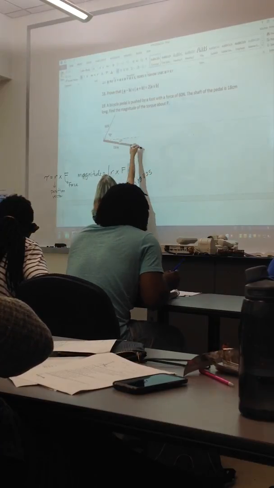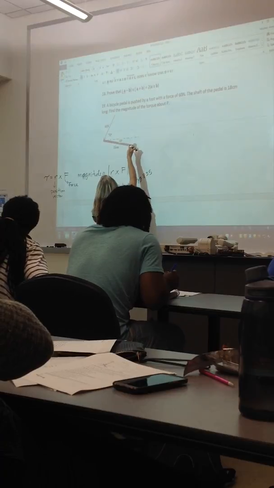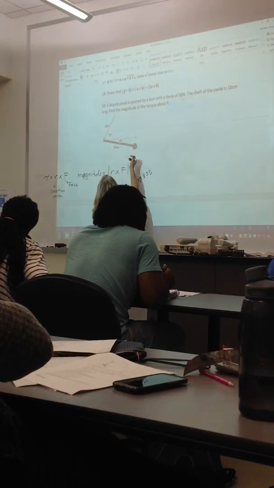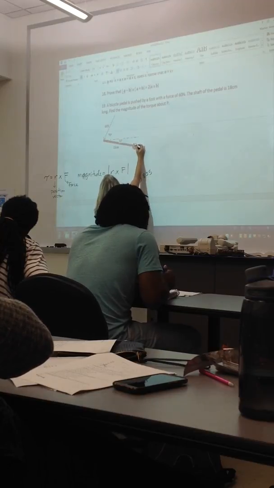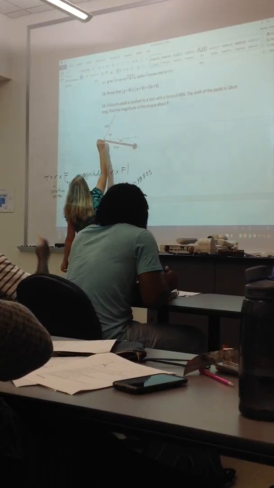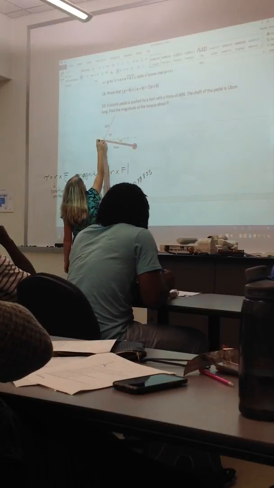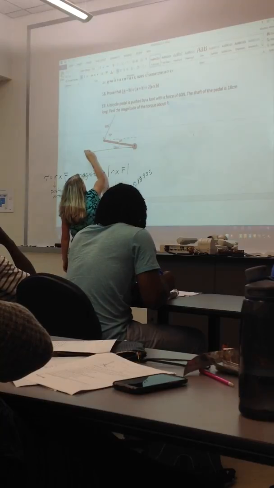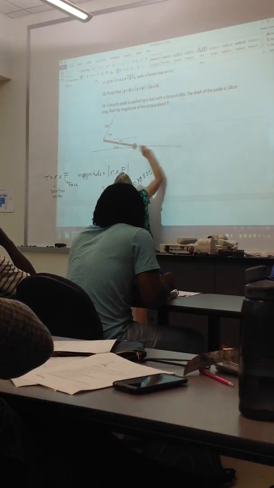The way this problem's presented in your book, you have to do a little bit of work to define the vectors. You can define this as your origin, but you need to figure out what to use for X and Y. Let's go ahead and do that.